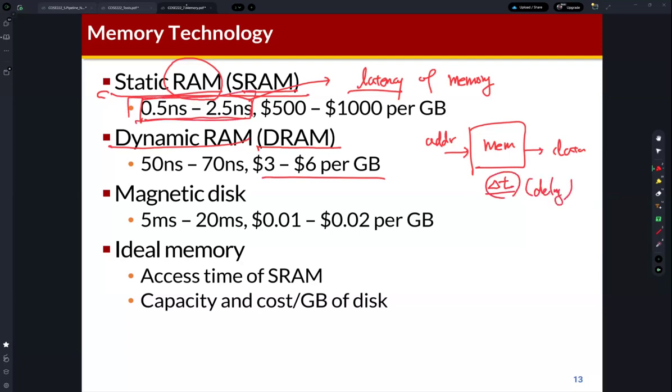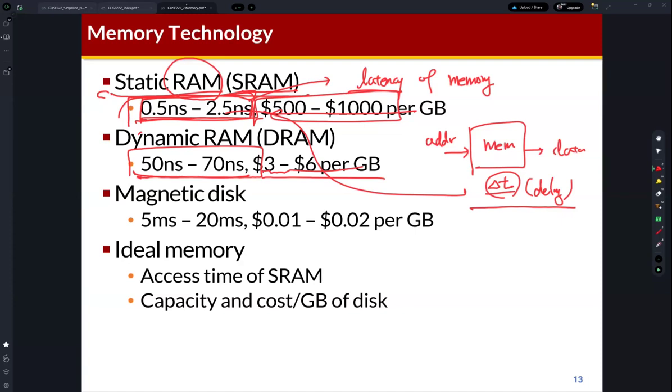This number represents this delay. Then this is the latency of memory. So you can compare the latency of memory here. SRAM is very fast, the latency is low, but the cost is high. DRAM has higher latency, which means the performance is lower, but the cost is cheaper.